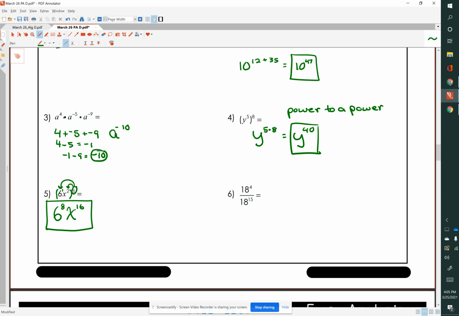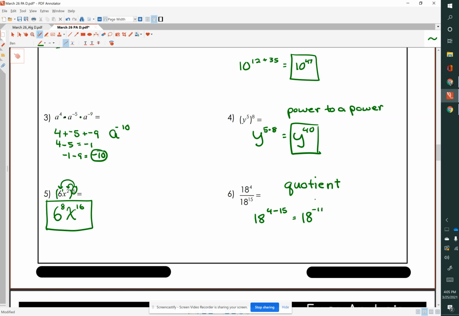So now here we're dividing, and when we divide, we want to use the quotient rule, which means we will subtract the exponents. So it will be 18 to the numerator exponent 4 minus the denominator exponent 15, and that's going to give us a negative number because 4 minus 15 is -11.